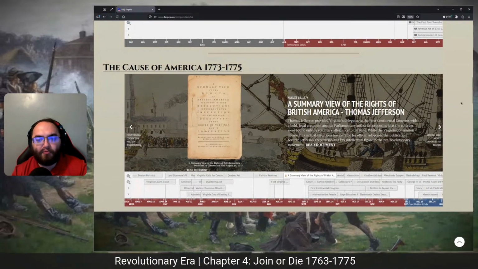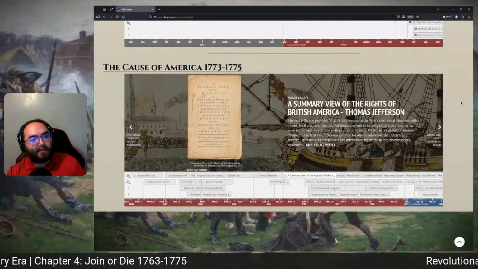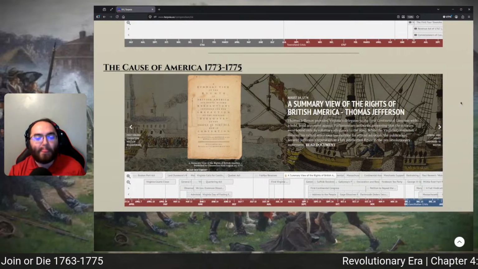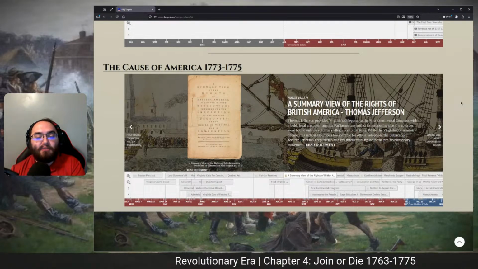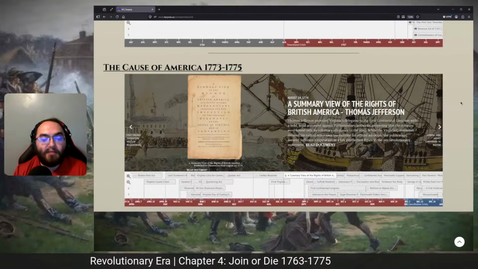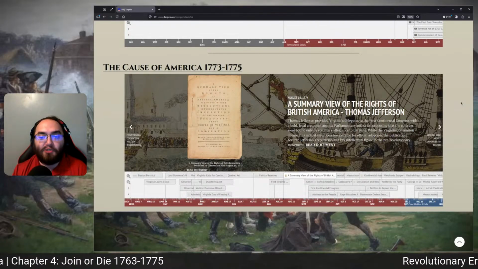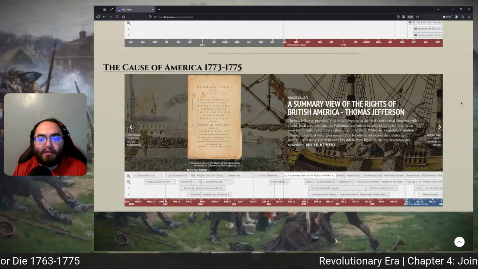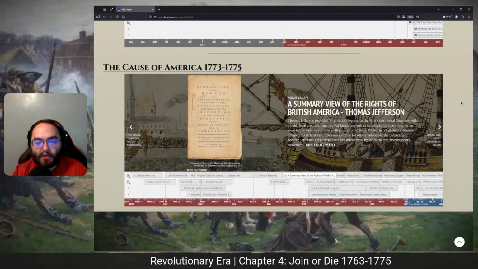Here is A Summary View of the Rights of British America, a political essay that I mentioned before. This is written by Thomas Jefferson, and it's a political essay, but it's written as a resolution that could be easily adopted and passed by the First Continental Congress.